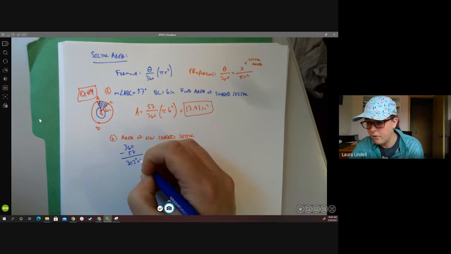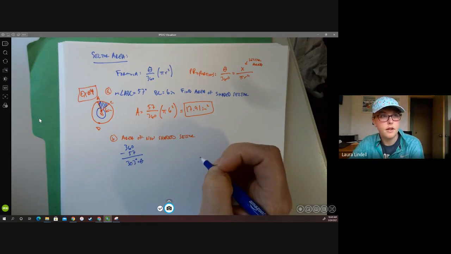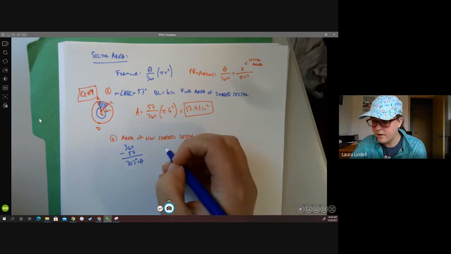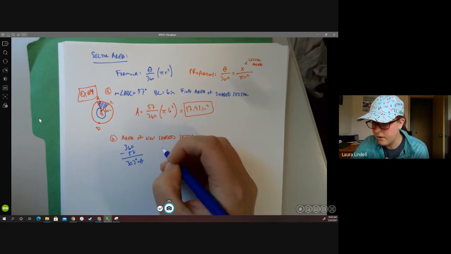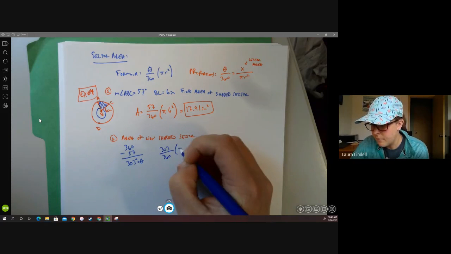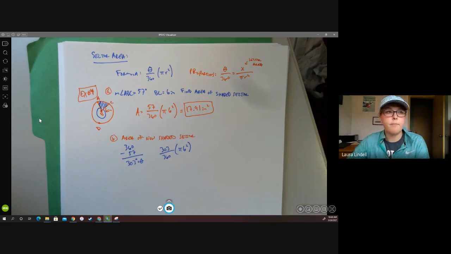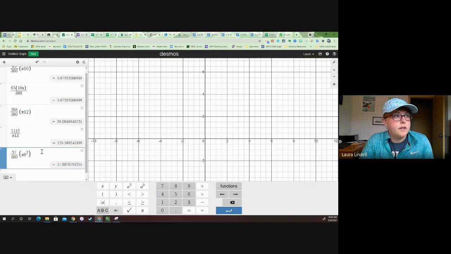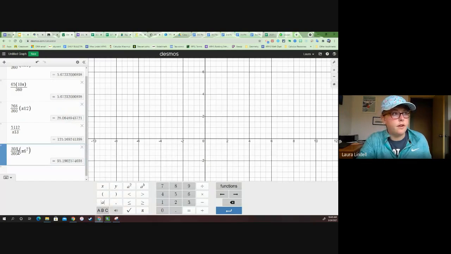So that's my new theta. And then we do the exact same thing as we did up here, except with 303 over 360 times pi times 6 squared. So all we would need to do in our calculator that's any different is replace the 57 with 303. And we get 95.19.